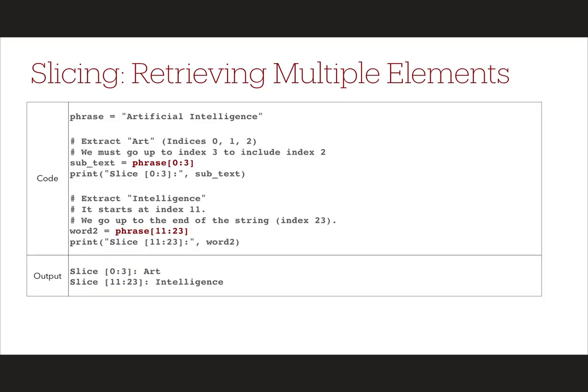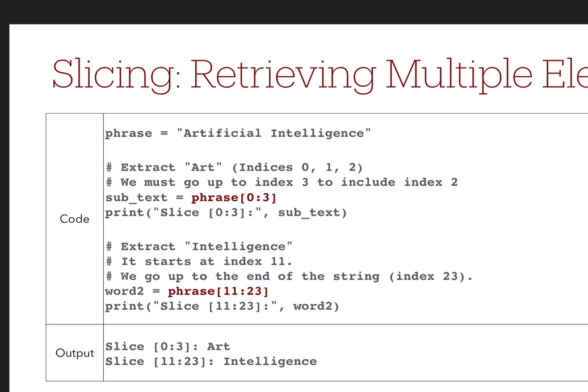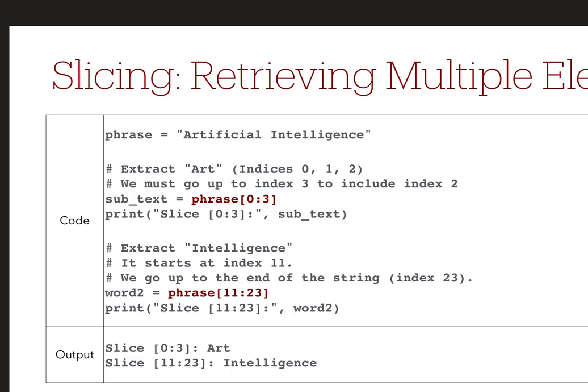So here is an example. Suppose that I have a phrase, artificial intelligence, and if I consider phrase with square brackets 0:3, then 0:3 represents the index values 0, 1, 2, and actually up to 3, but this 3 is not included.